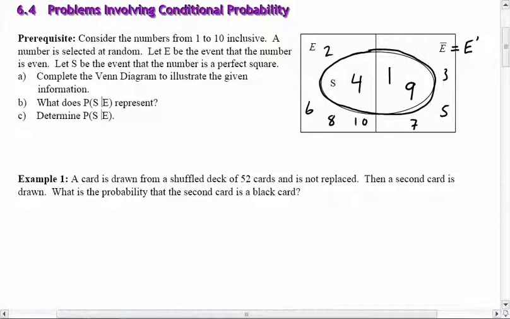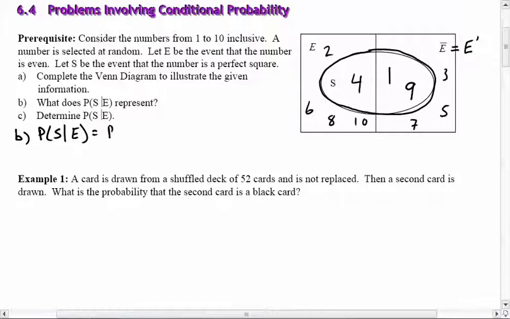Okay, so the first question is, what does P(S | E) mean? And from last class, we learned about this as a conditional probability. When you see that bar, it means that you're given information.